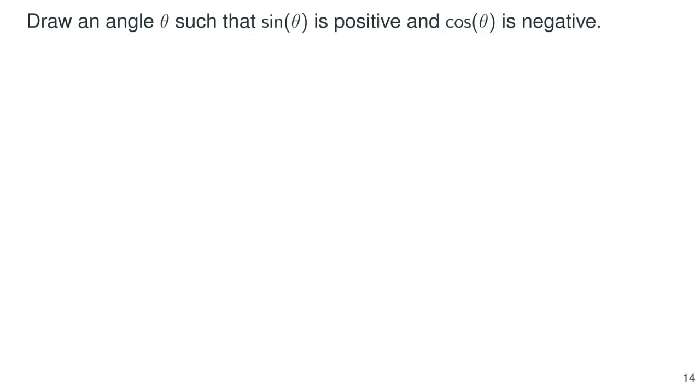Draw an angle theta such that sine theta is positive and cosine theta is negative. Sine theta measures vertical distance measured in radius length. Cosine measures horizontal distance measured in radius length. So let's review that real quick.